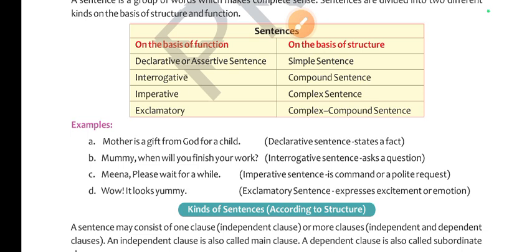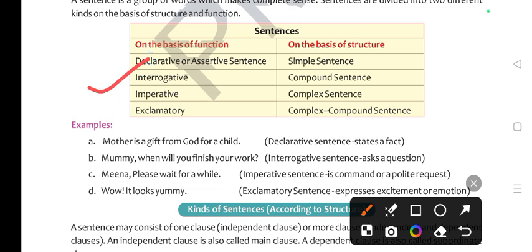On the basis of function, there are four types of sentences: declarative or assertive sentences. In declarative, you will get assertive and negative sentences. Then the second is interrogative sentence. Then imperative, exclamatory. And on the basis of structure, there is simple sentence, which has only one clause.